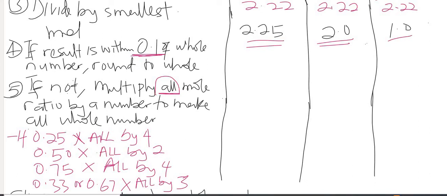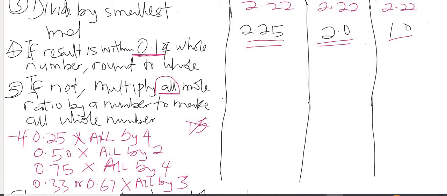So I have some factors that we use to multiply. If it is 0.25, we multiply by 4. If it is 0.5, let's say we have 1.5, we multiply by 2. If it is 0.75, we multiply all by 4. If it's 0.33 or 0.67, we multiply all by 3.